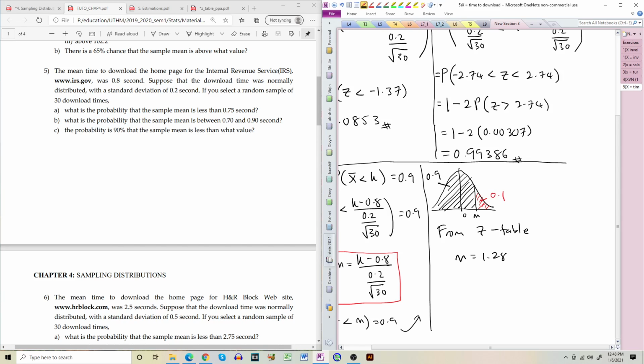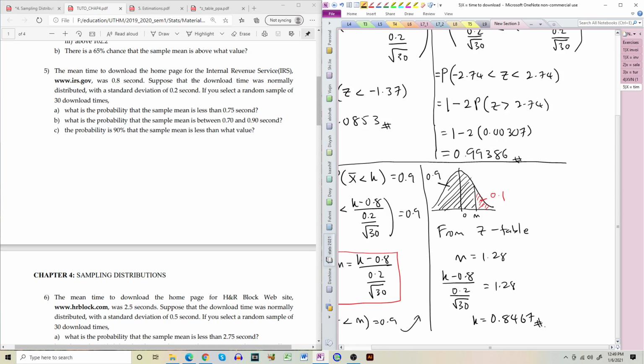You can find that easily and convert the m back in terms of k, 0.2, 1.28, and your k is 0.8467. That is your C.